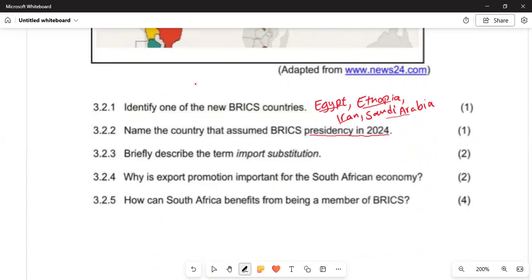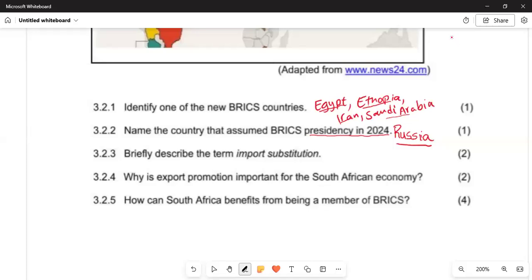That country is Russia. So hope we are still together. Now we have to move on.